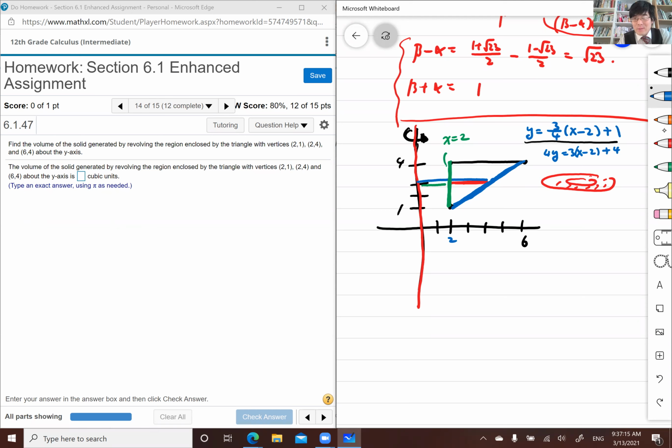It's going to be 4y is equal to 3x minus 2, so x is 4y plus 2 over 3. That's the x coordinate here, and that's going to be the length here. Once you set this up, the volume is integrating from 1 through 4 in the y direction, pi times the bigger radius squared.